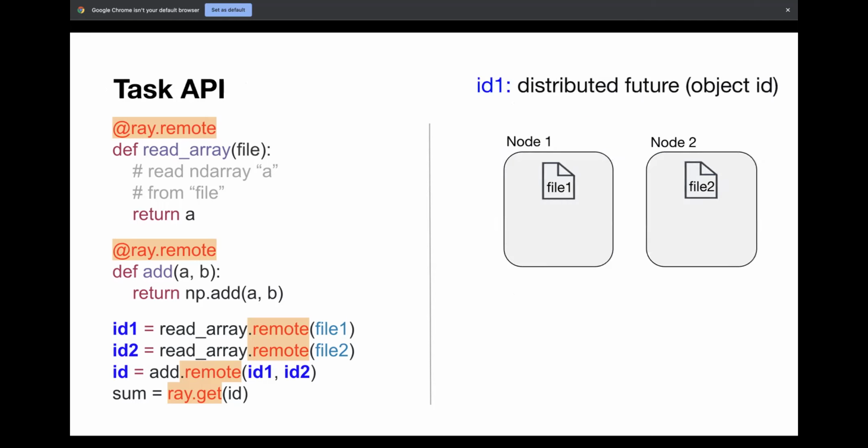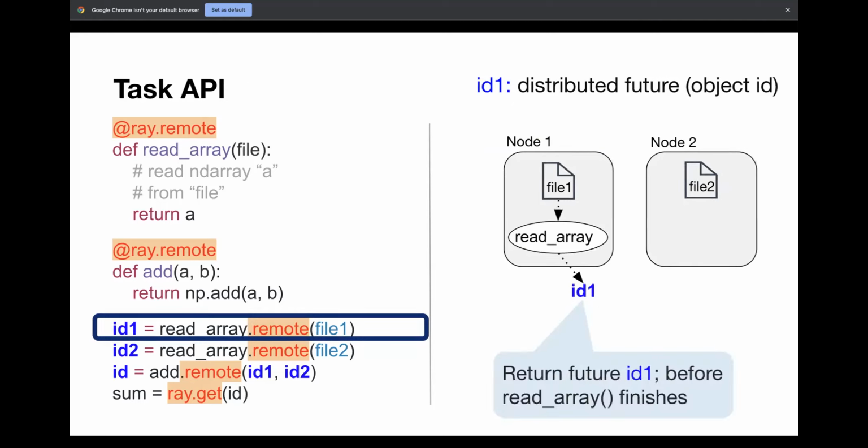And here is a simple illustration on a cluster of 2 nodes with this example, right? We define a function called read_array, basically take a file, return ndarray. And the function can be run on 2 nodes, each having a file, right? So when executing this line, what actually happens is that we trigger an asynchronous computation.